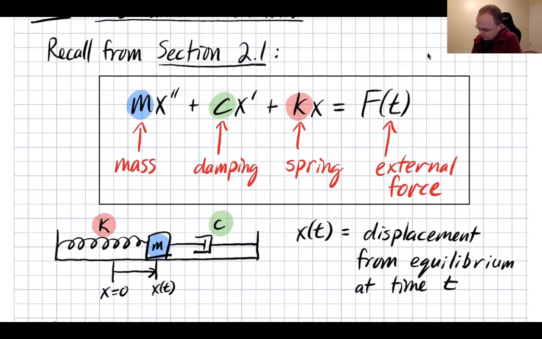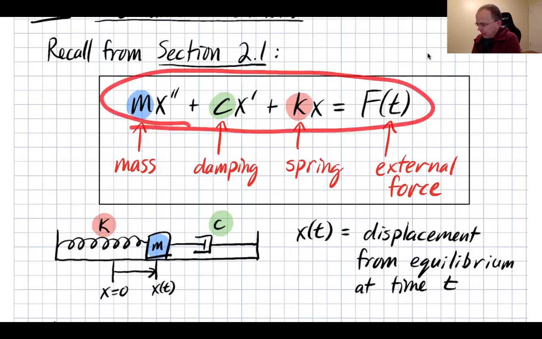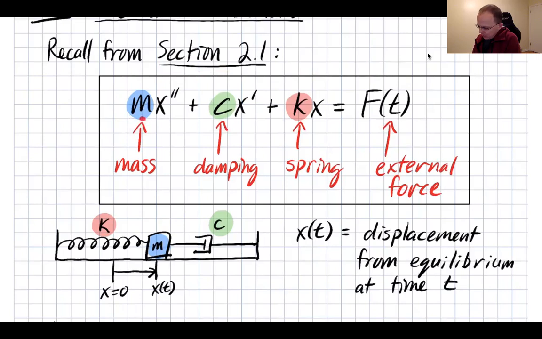So there may be some external force that's pushing and pulling this object back and forth. And when you apply Newton's law, that tells you that mass times acceleration is equal to the force. So we end up getting this equation here. And as long as everything here are constants, then we're looking at a linear differential equation with constant coefficients.